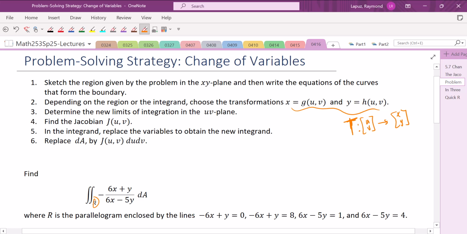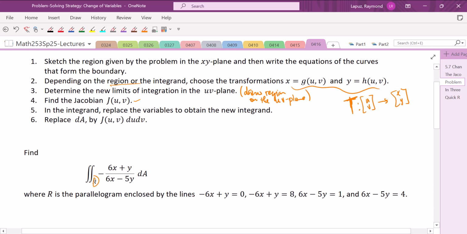And then you determine the new limits, because what you should do is draw your new region on the UV plane. And then find the Jacobian, and then put that Jacobian in for the dA. So the dA is going to be replaced by the Jacobian times the du dv limits that you have.